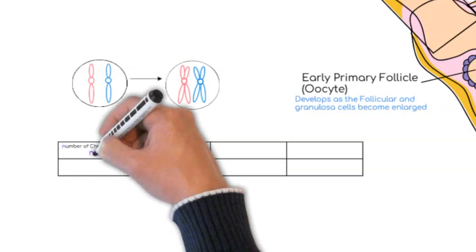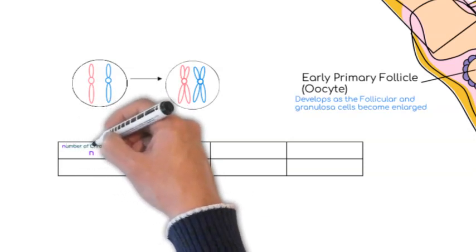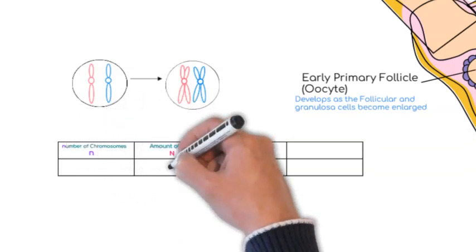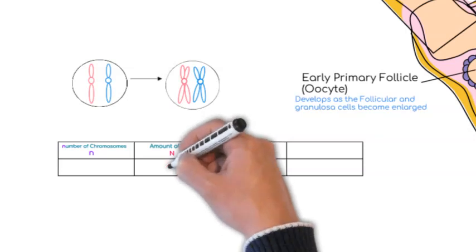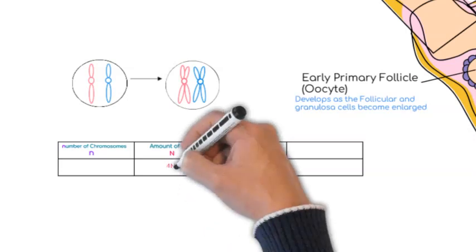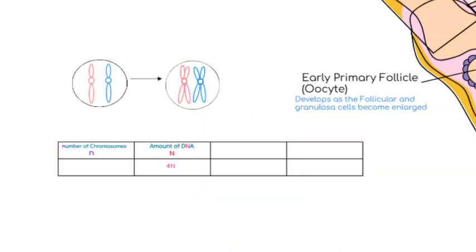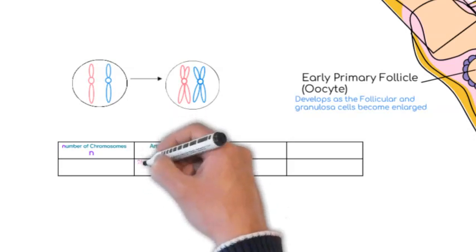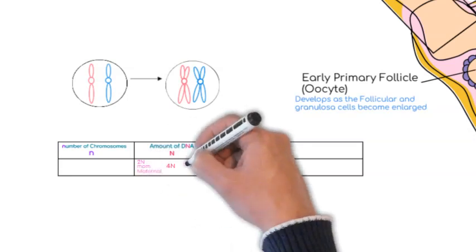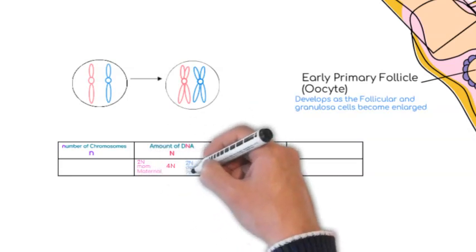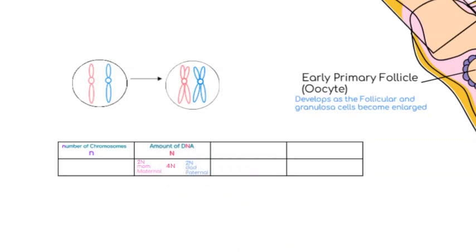And for the small n, which is the number of chromosomes, what would be the number of chromosomes? If it's duplicated, remember, we are still working with the same number of chromosomes. So we never go from 46 chromosomes to 92 chromosomes, because that wouldn't be a human cell.